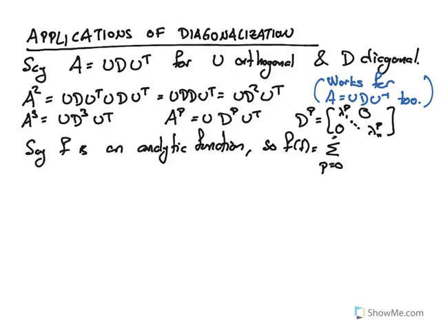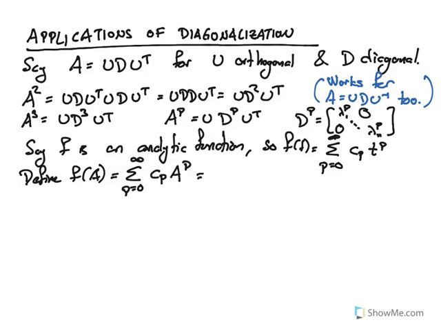So if you have a sum like this that's absolutely convergent in some interval around the origin, then I can now define f as acting on the matrix by just plugging it in the same power representation, the sum of c_p A to the p, and now I plug in the diagonalization and you get it like this.